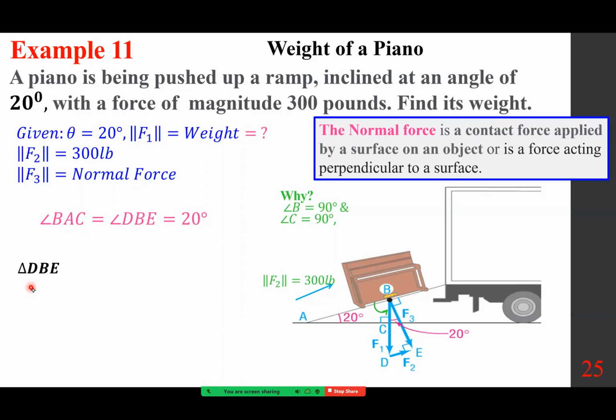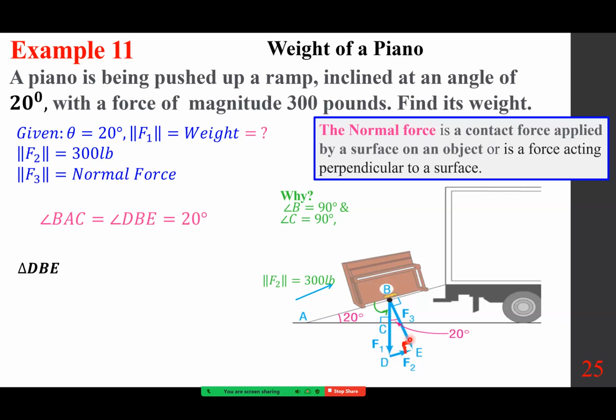In any event, in the triangle of DBE, if you look at this one, where this is a 90-degree angle, maybe I changed the color, it makes it easier to see. So this is a 90-degree angle. So this angle, the sine is the opposite over the hypotenuse. The opposite is F2, which is known to be 300 pounds.